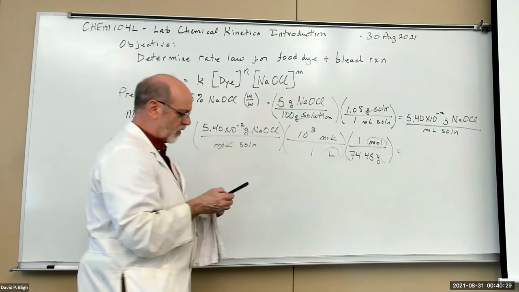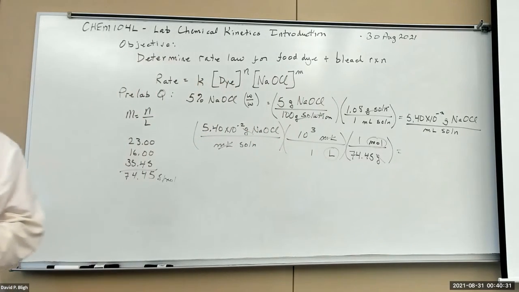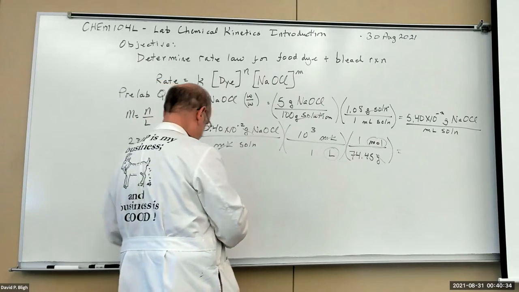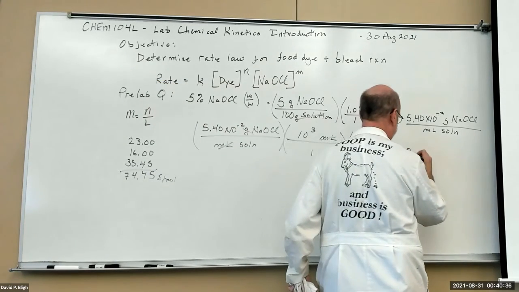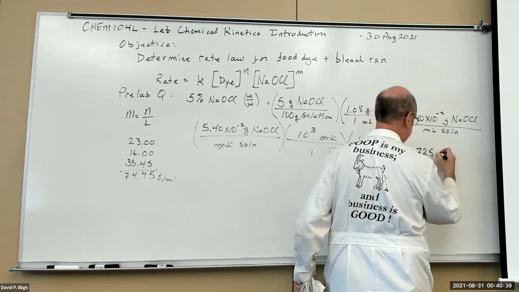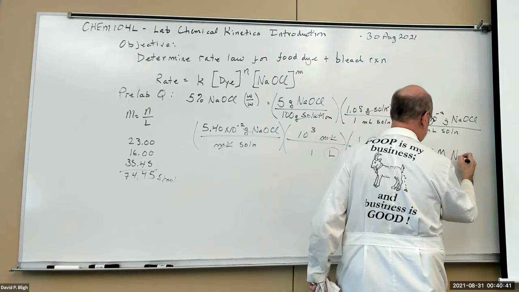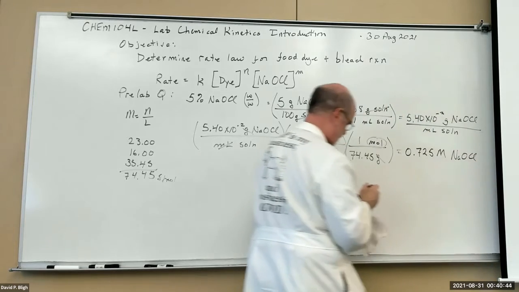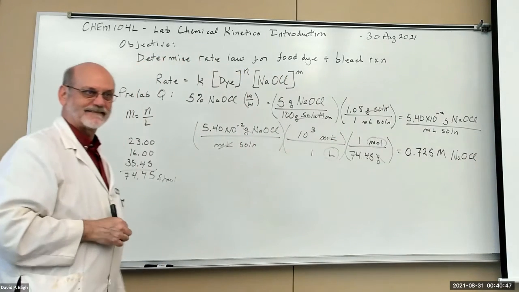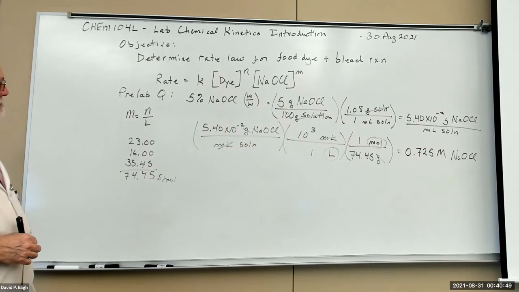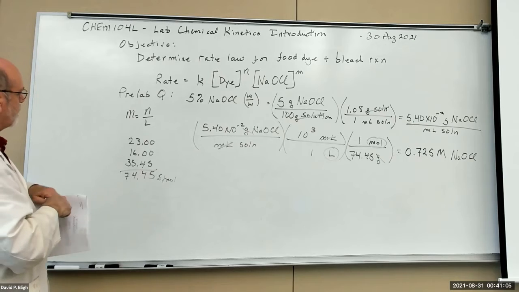So I get 0.725 molar sodium hypochlorite. Okay. Now, that's pre-lab question 1.